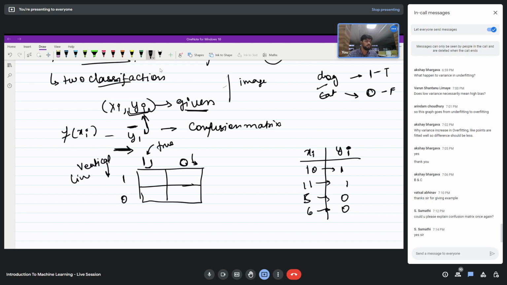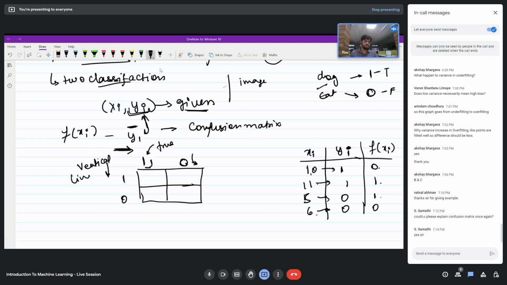Now I tried creating a machine learning model, and I used this model to give me predictions for this. What this model gave me was 1, 1, 1, 0. Corresponding to 10, it gave me output 1. Corresponding to 11, it gave me output 1. Corresponding to 5, it gave me 1. And 6, it gave me 0.